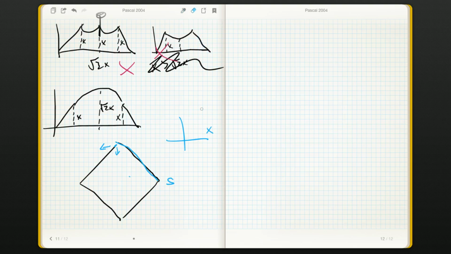Ultimately, if we take a look at the triangle, this distance here has got to be a little less than X plus a little bit more.